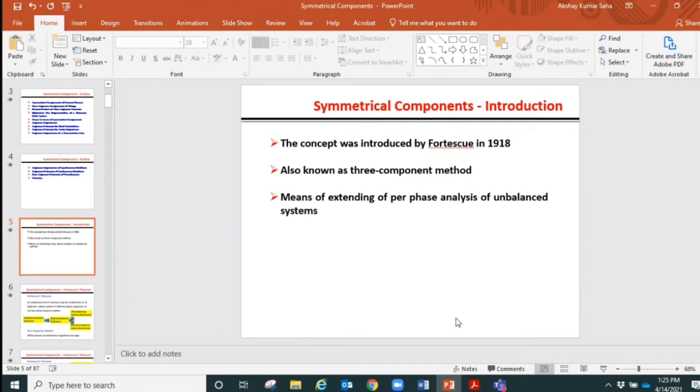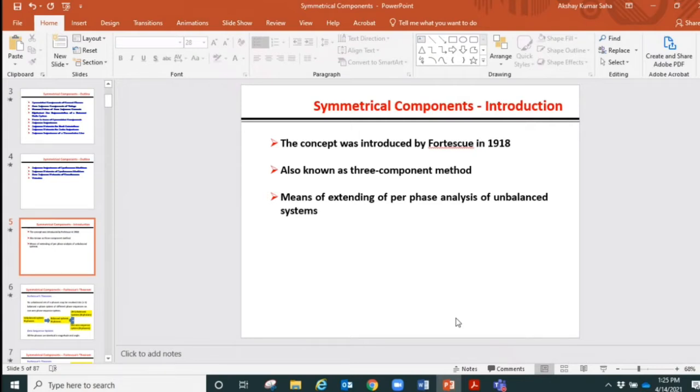All three phases are separated by some insulation. If we are using overhead lines, they are separated by a distance, maybe meters. But if we are using underground cable or insulated cable, they have insulation, so it's not easy for them to come in contact with each other. So that's why a three-phase fault is rare as compared to an asymmetrical fault.